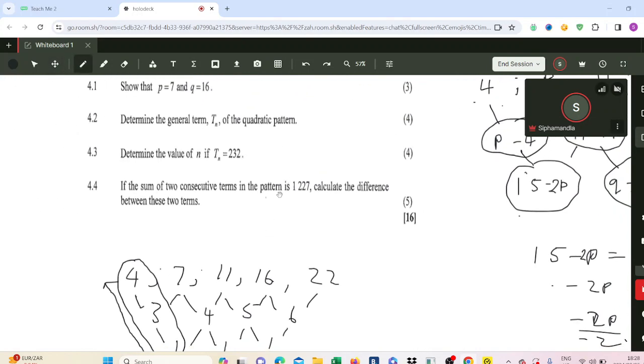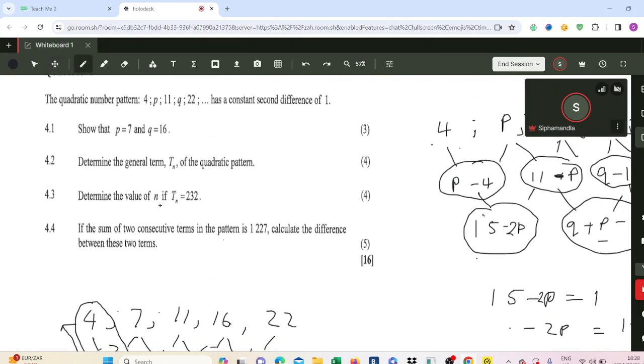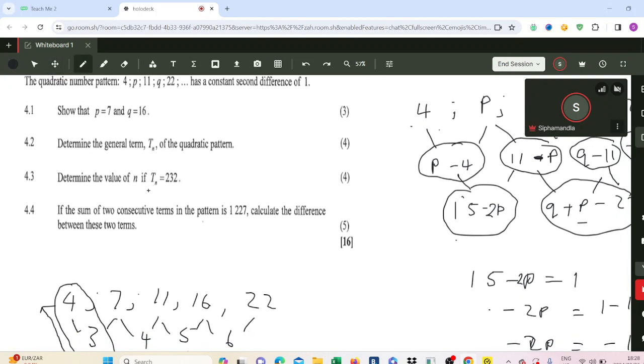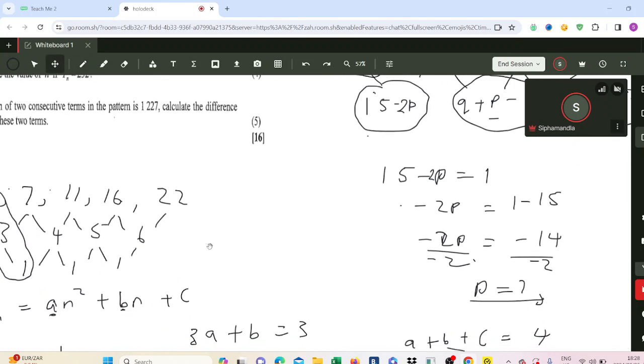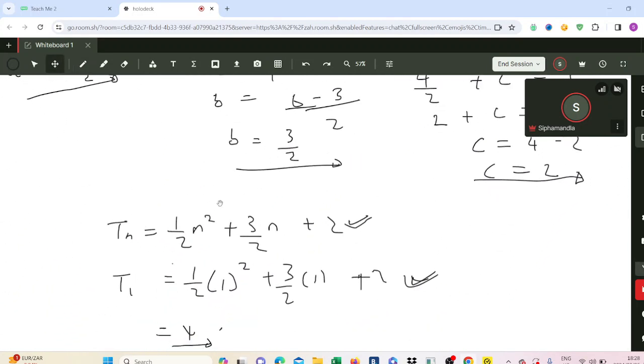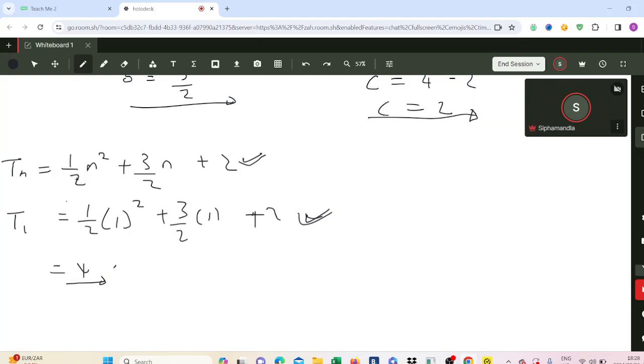So the next question, they say determine the value of n if tn equal to 232. Okay, so that means where there is tn, remember I just calculated the general equation of tn, so it's 1 over 2n squared plus 3 over 2n plus 2, right?